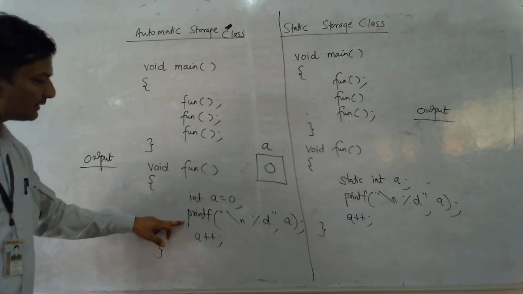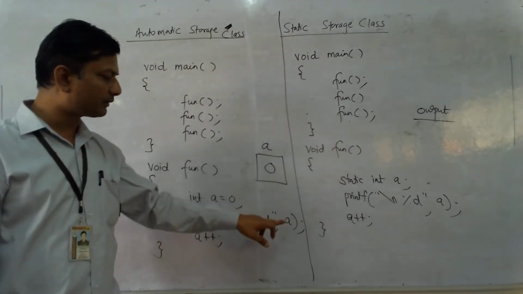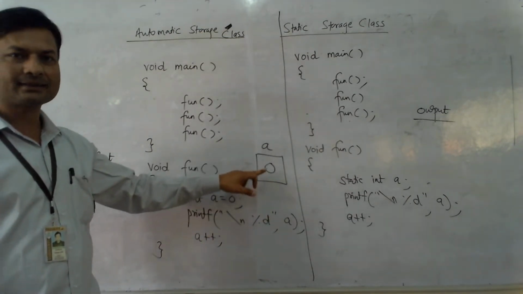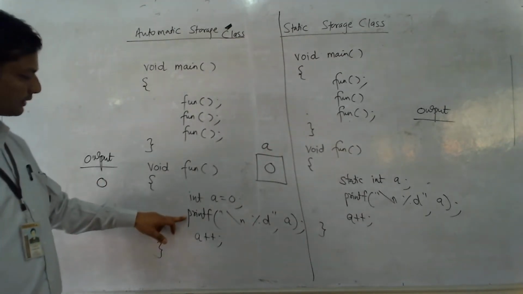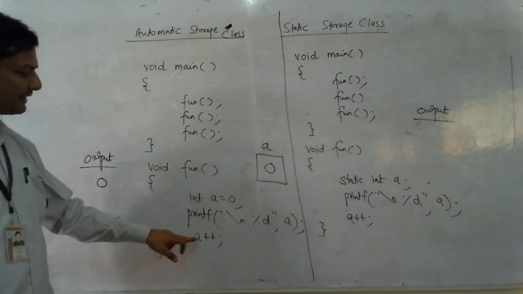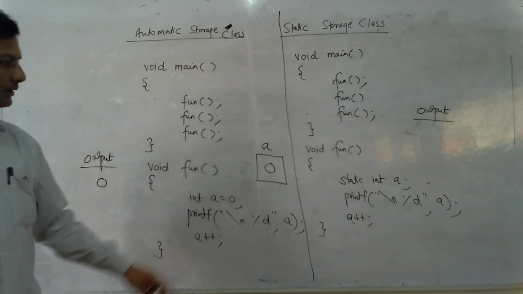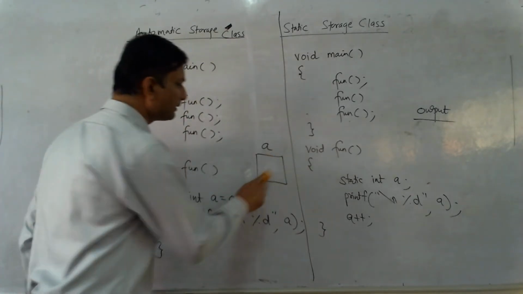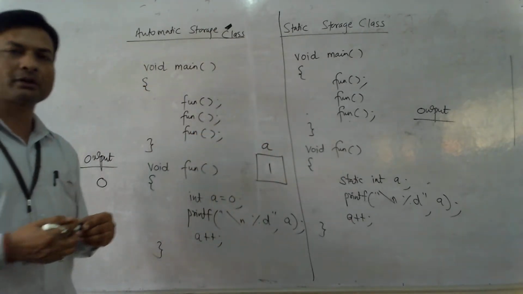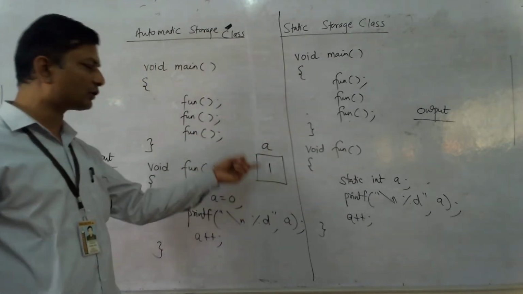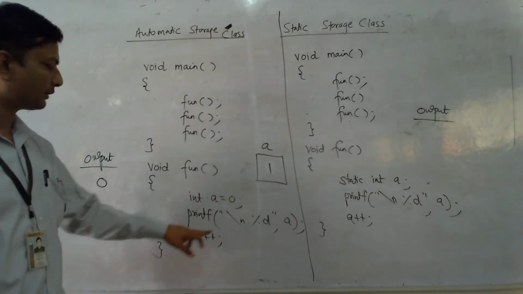In the second line, I have displayed the value of a. What is the value of a? The value of a is 0. So 0 will be displayed. In the third line, the value of a is increased by 1. So 0 will be replaced by 1. Because the value of a is increased by 1, obviously 0 will become 1.